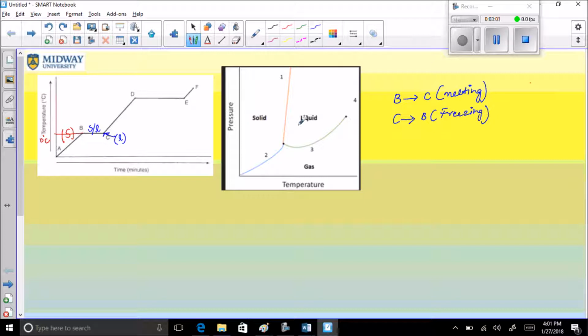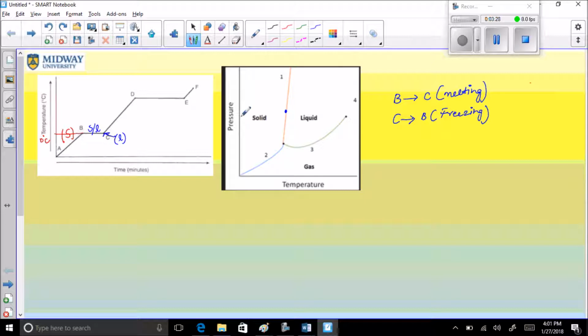right? So whenever you see a flat line, that means more than one phase exists, which is better indicated right here. So on the line is B/C. Right on the line is B/C, that is both solid and liquid are existing.